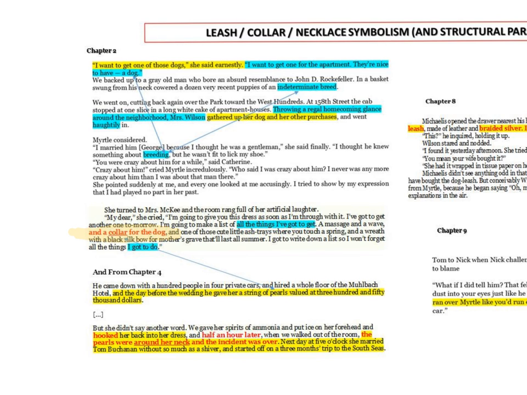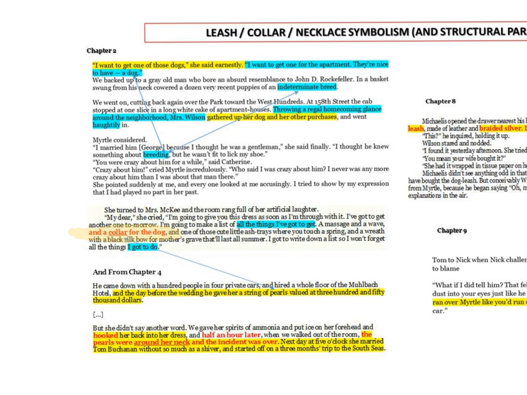Sorry, but that's the voice I hear in my head when I think about Myrtle Wilson. And then we see how she gathered up her dog and her other purchases. So the dog is an item, an object to be acquired in order to, as we'll look at in the blue stuff in a moment, meet the expectations of a certain lifestyle, of a certain social class.